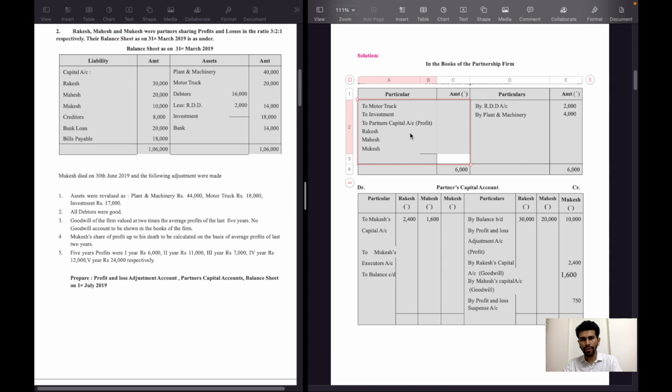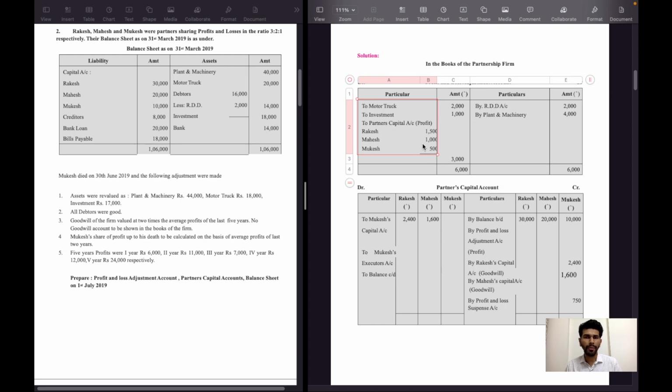So the amount will be Rakesh 1,500, Mahesh 1,000 rupees, and Mukesh 500 rupees. 3,000 into 3 divided by 6, 1,500. 3,000 multiplied by 2 by 6, 1,000 rupees.